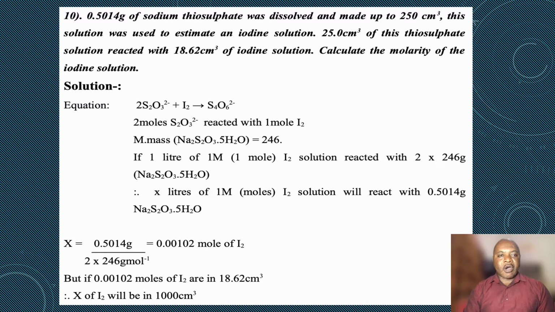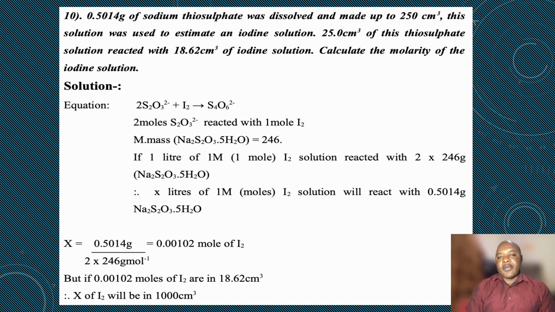Calculate the molarity of the iodine solution. The first thing is you need to write your equation. From your equation, you will see that 2 moles of the thiosulfate reacted with 1 mole of iodine.